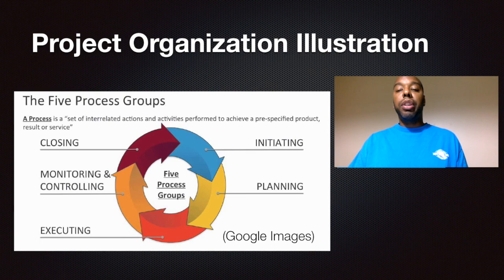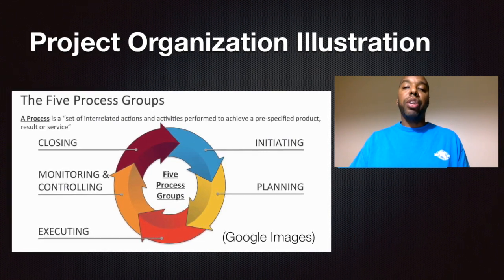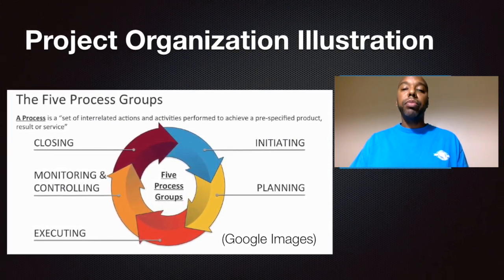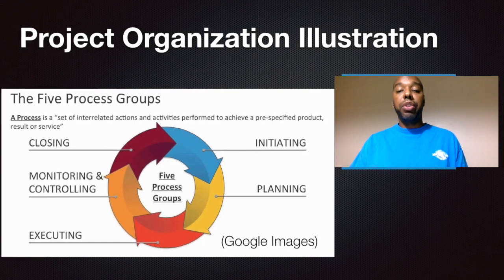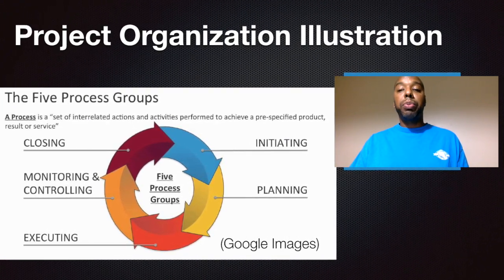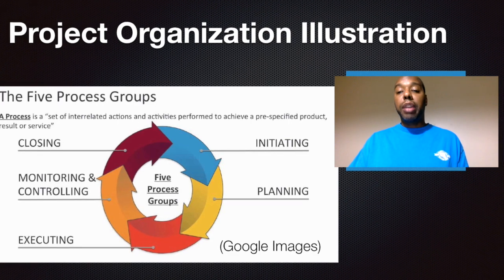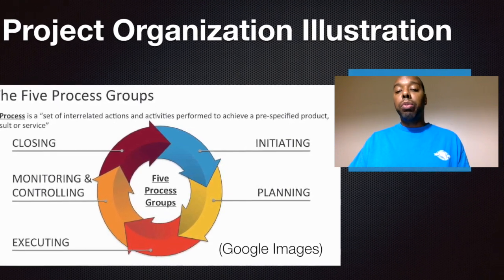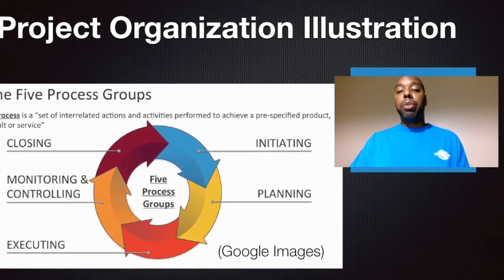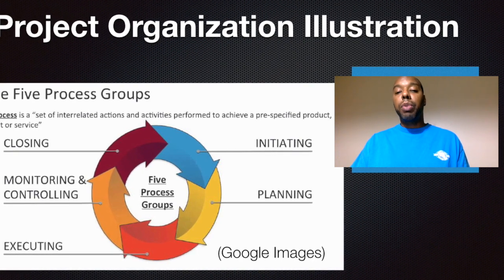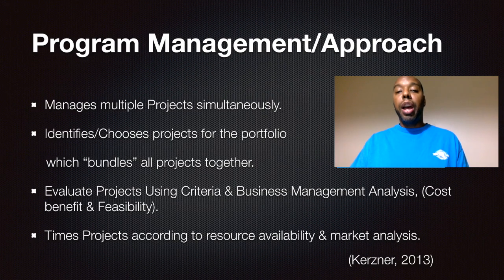And then here's an illustration of how a project is actually organized. There are 5 process groups, as we mentioned, and these process groups start with initiating, the blue arrow, all the way through planning, executing, monitoring and controlling, as well as closing. And then we have program management and an approach for program management. Program management manages multiple projects simultaneously.